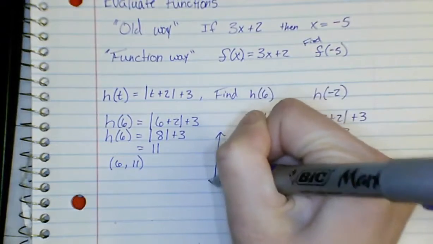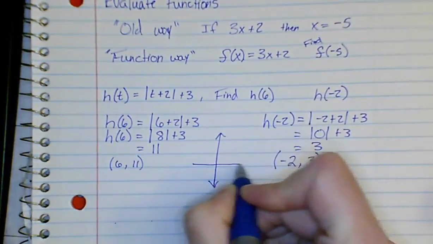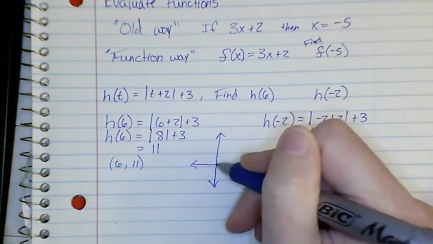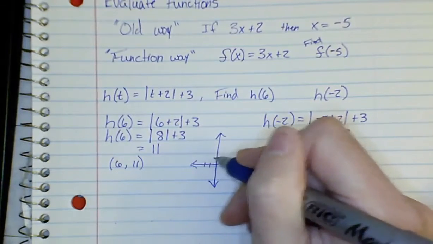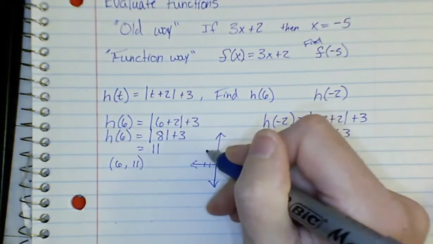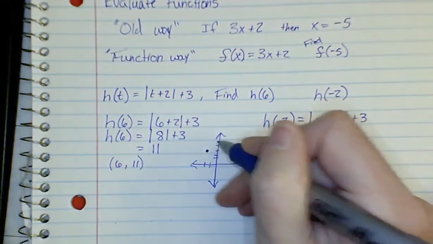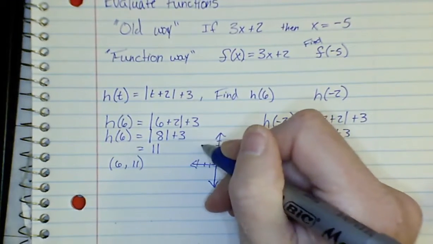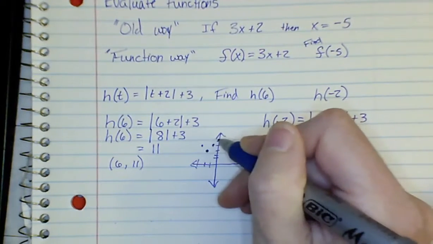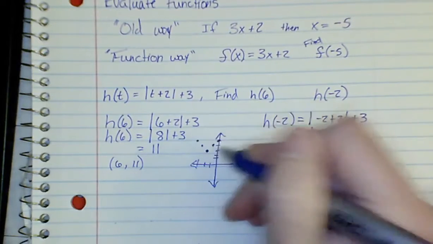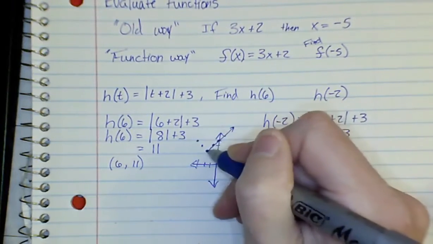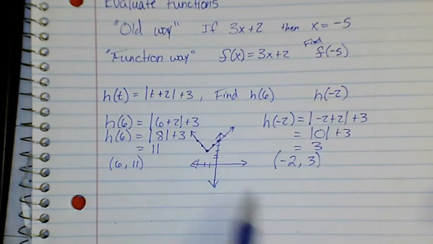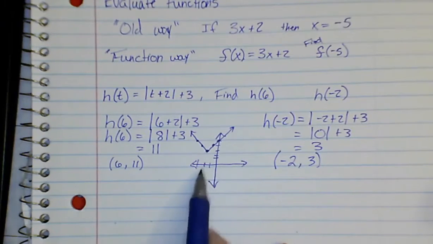So if I graph this real quick, our graph will look something like this. At negative 2, we will be at 3, and there we are.